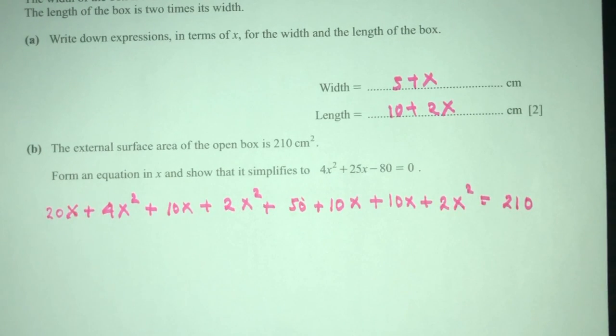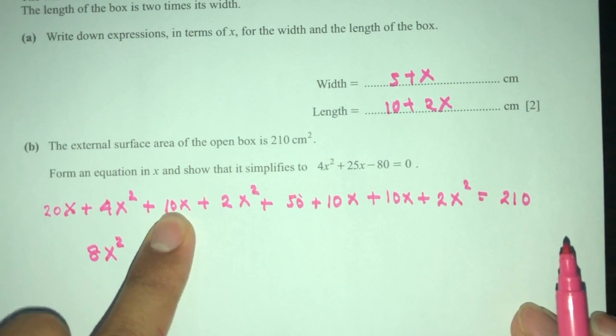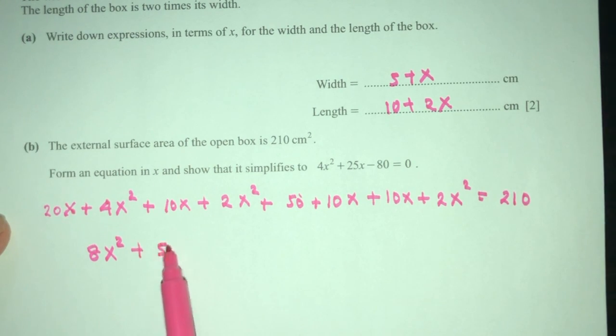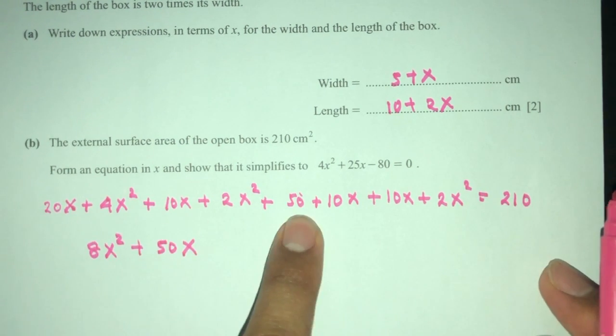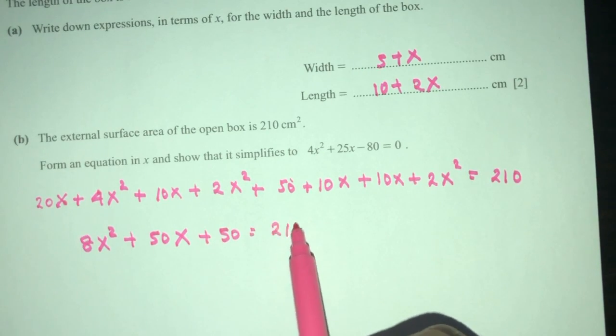Now simplify: this plus this plus this is 8x squared. And this plus this plus this plus this is 50x. And finally we have the remaining plus 50 equal to 210.